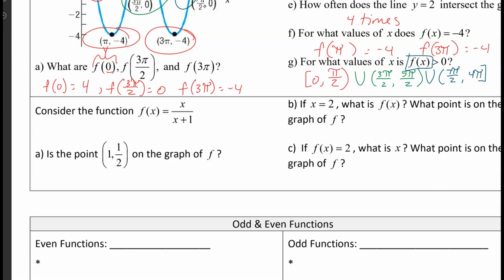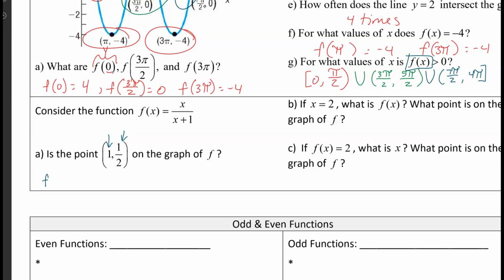Exactly. And what ideally would you end up with? 1/2. In order for this point to be on the graph of f of x, when we input 1, we would output 1/2. If it did not output 1/2, then it is not on the graph.